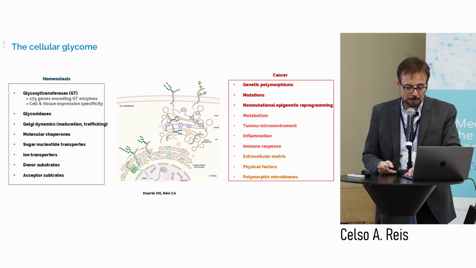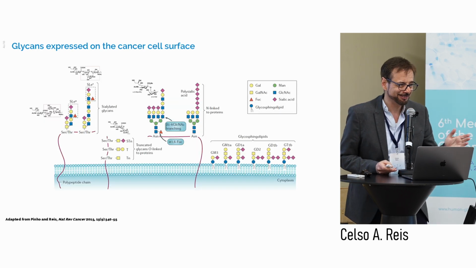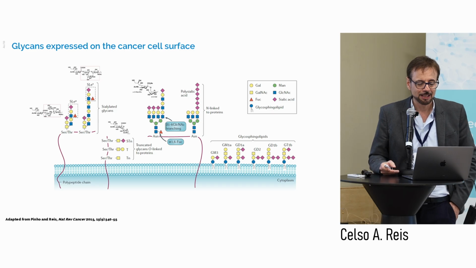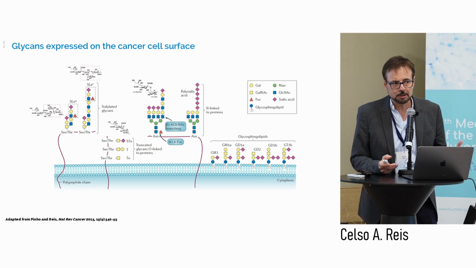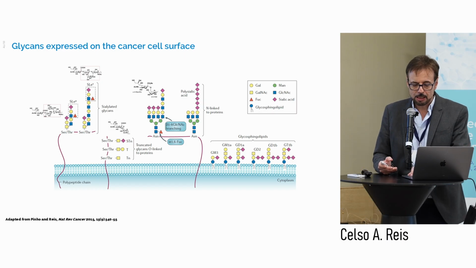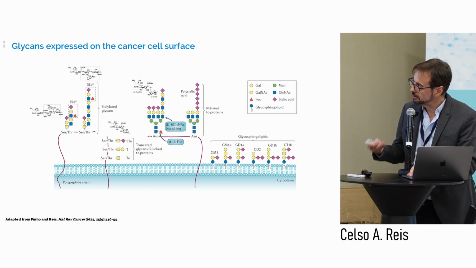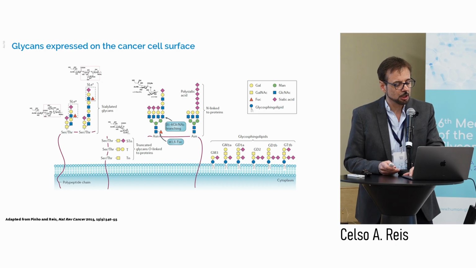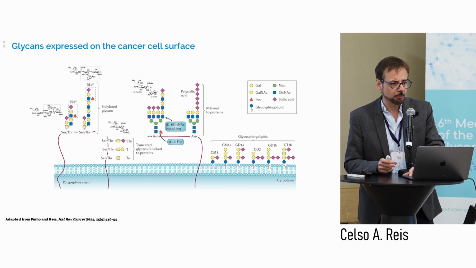As Pauline showed very nicely yesterday, some glycans have been particularly identified in the cancer context and very well documented in different studies, also having a crucial function in tumor biology.